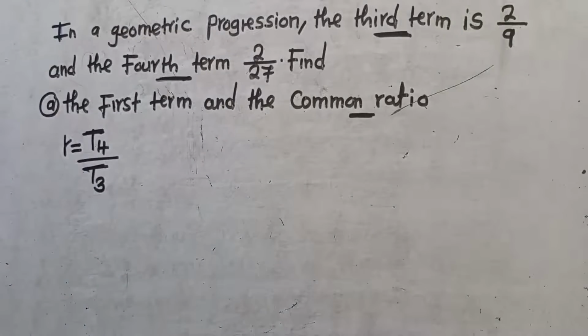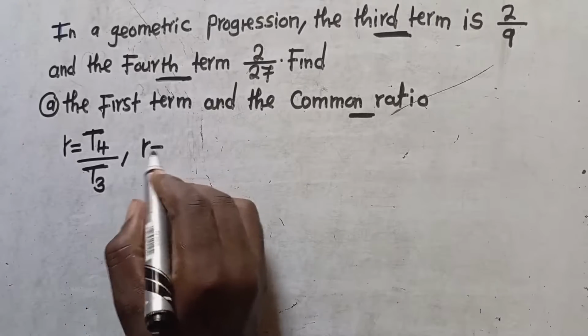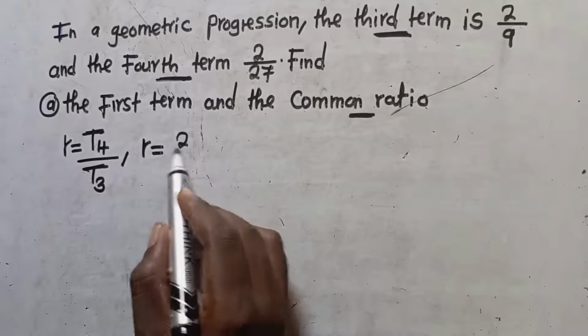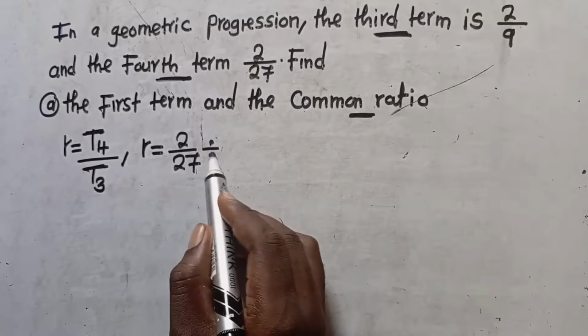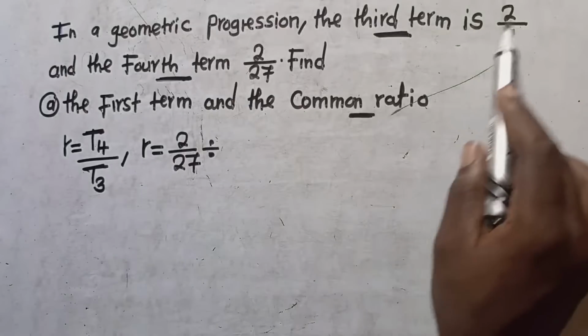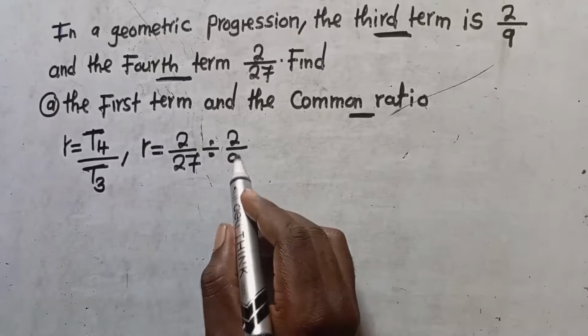This is the formula you are going to use. The common ratio is equal to the fourth term, which is 2 over 27, divide the third term, which is 2 over 9.